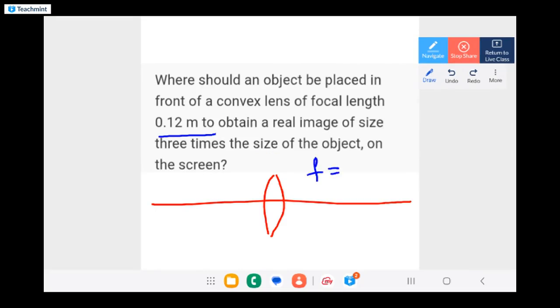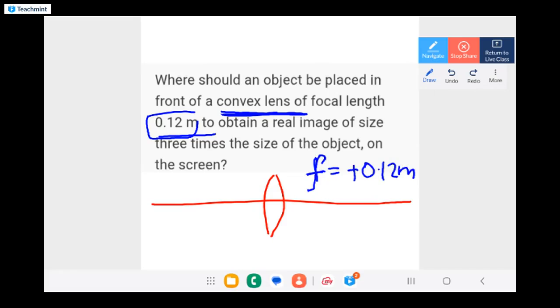It's a convex lens, so this is also something you will have to mention from your own end. Though it is not mentioned whether positive or negative, you have read it's a convex lens, so the focal length will be taken positive 0.12 meter.